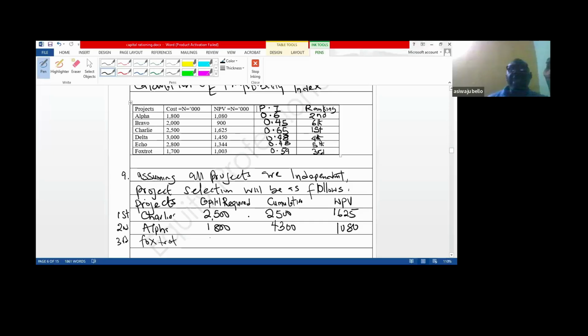Ranking 4, project Beta. Amount, cumulative 9,000. NPV of Beta 1,480.